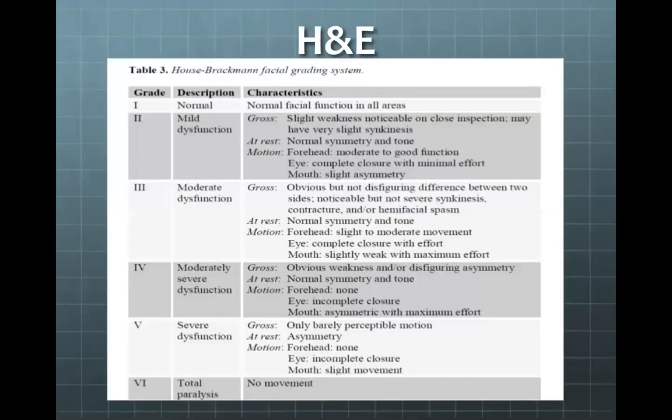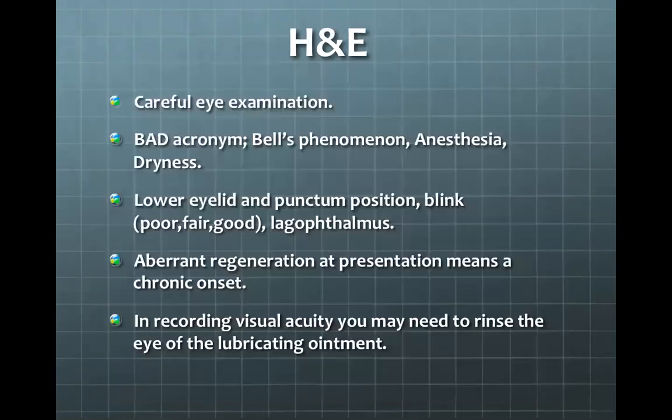So as I said, it's very important to keep clear grading for follow-up of the patient during the first 6 months of the palsy. Of course, you should do a careful slit lamp examination of the eye.